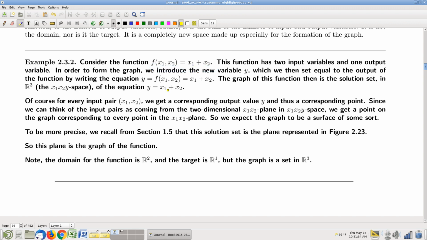I can describe that output value as being what I'm going to set y equal to. Now notice I have an equation involving three variables. My variables in this equation are x1, x2, and y. Equation of three variables. Now here's where you have to use the techniques from the previous section.